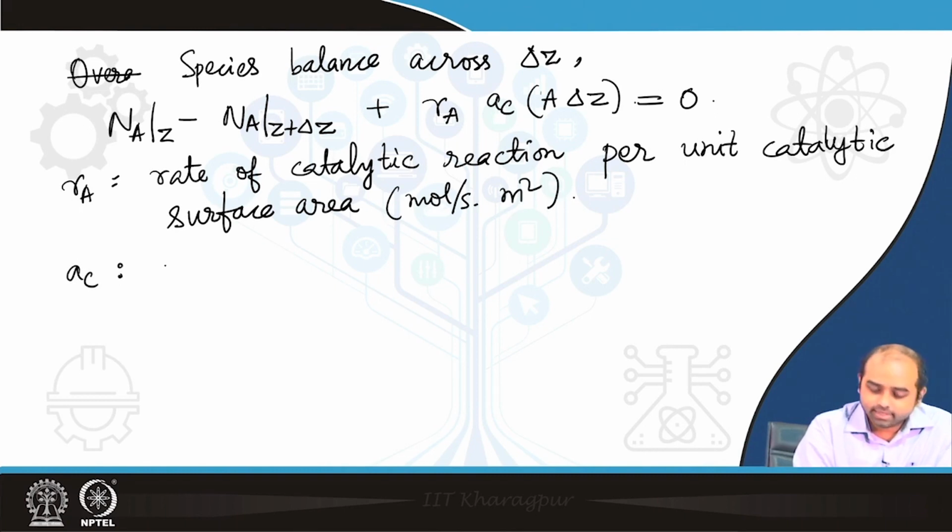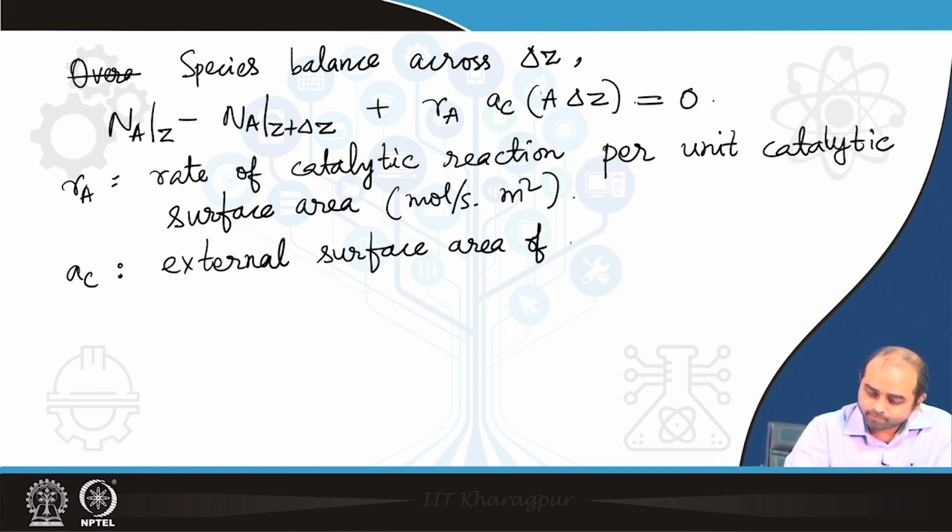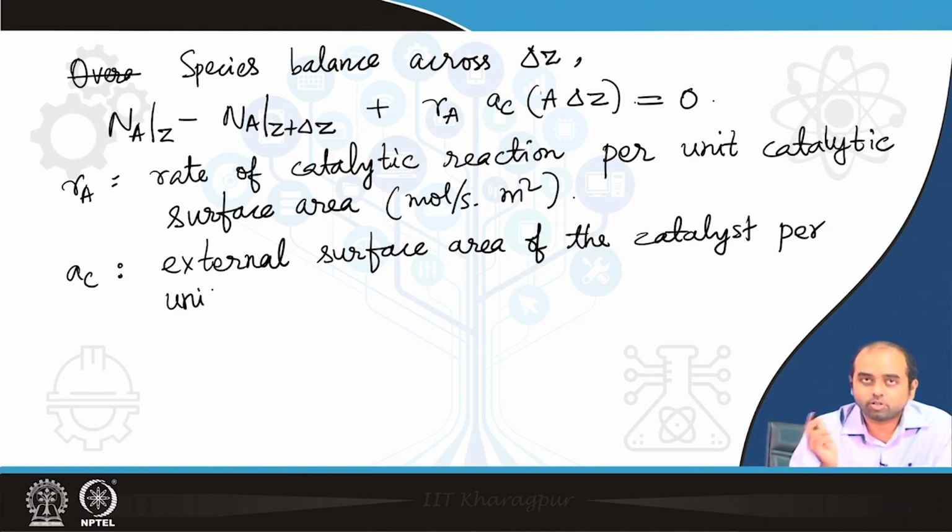A C is the external surface area of the catalyst per unit bed volume, because we are multiplying this with the bed volume in that elemental section of delta Z.